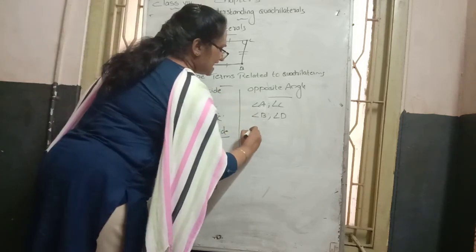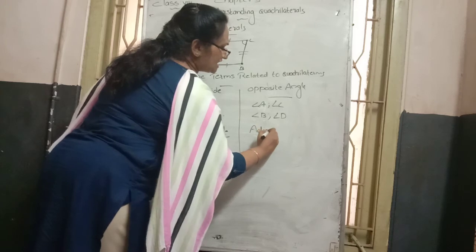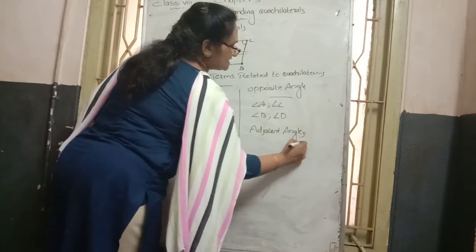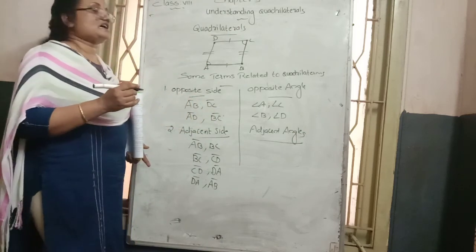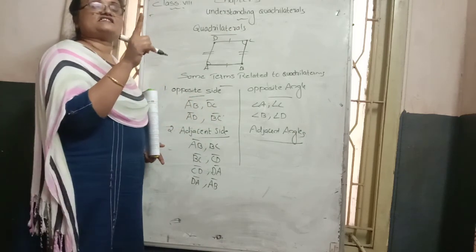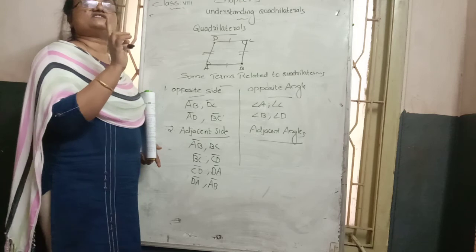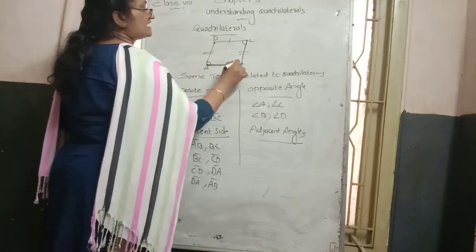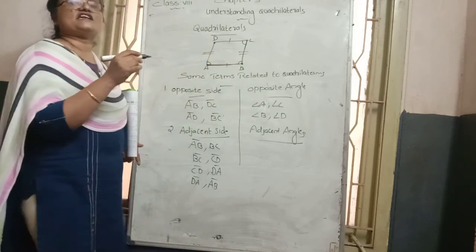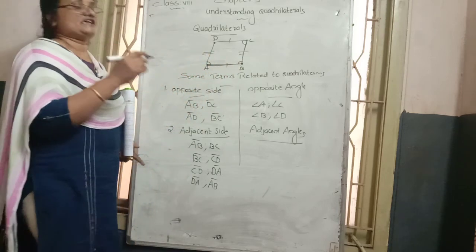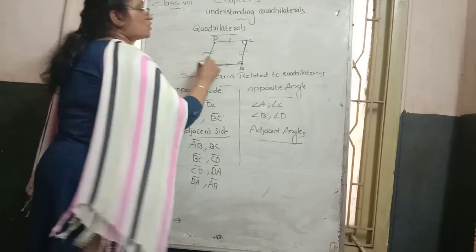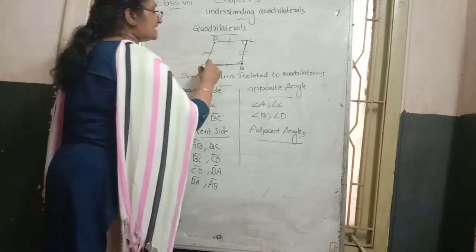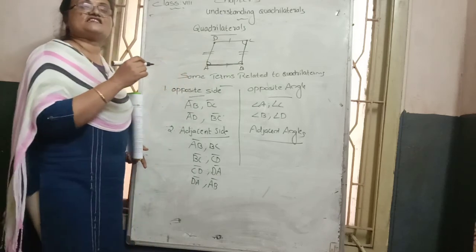Next is adjacent angle. Adjacent angles are two angles lying on one side. See, AB is a line, and angle A and angle B lie on the same side AB.